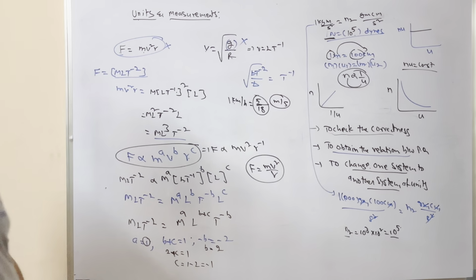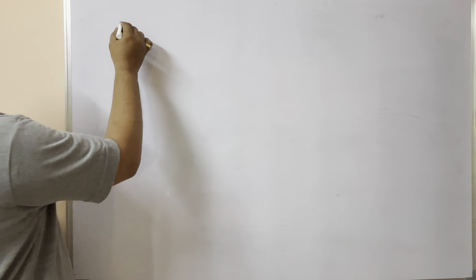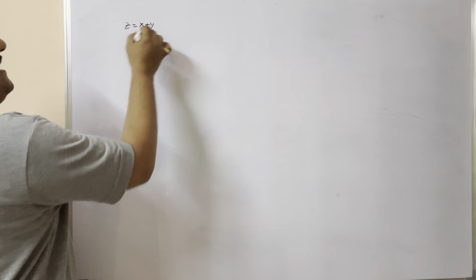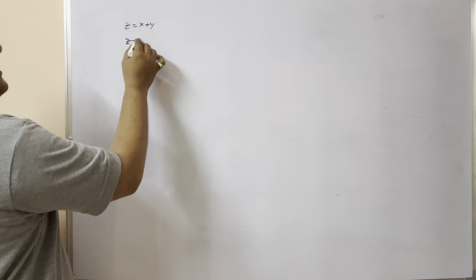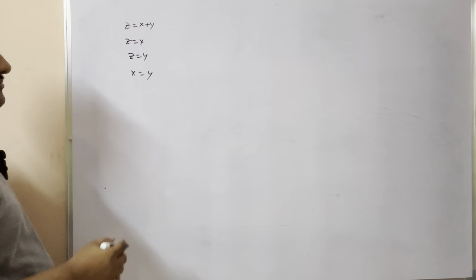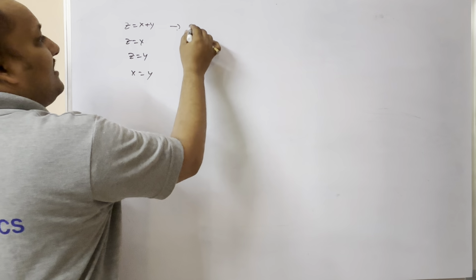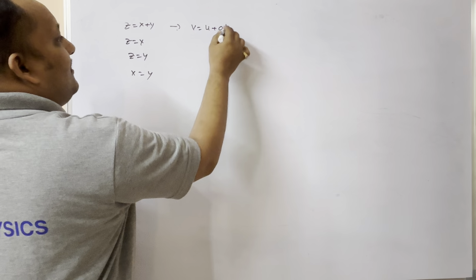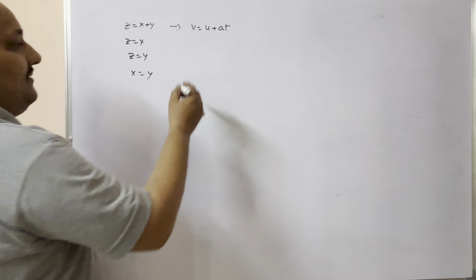And next, a very important relation, homogeneity principle. So according to homogeneity principle, z is equal to x plus y. So dimensionally z equal to x, z equal to y, and x equal to y. So for example, v is equal to u plus at.